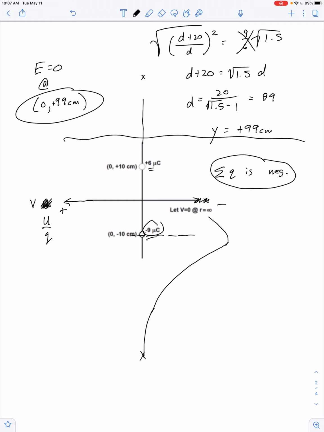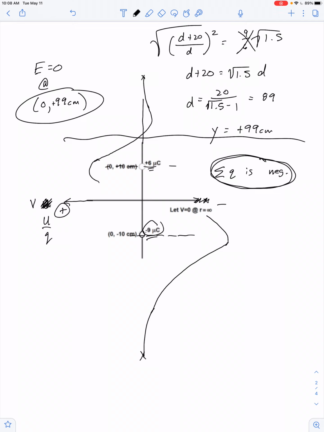And then it comes up in value. Over here, the electric potential gets, again, more and more negative as we get closer to this overall net negative charge. But at some point, we know close to the positive charge, the electric potential has to be positive.